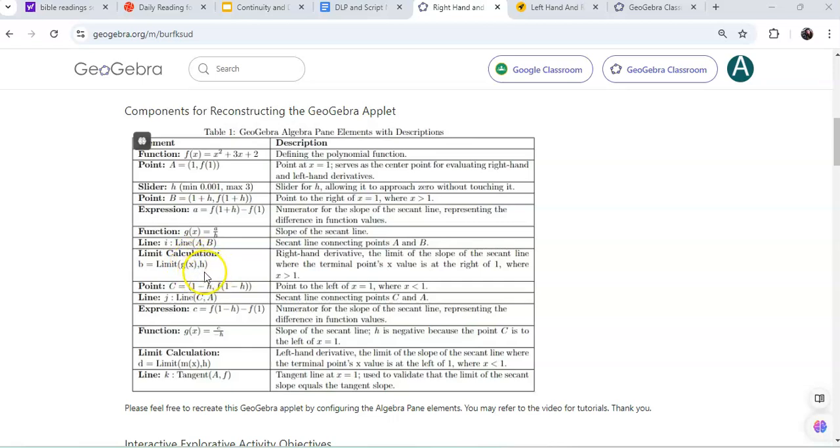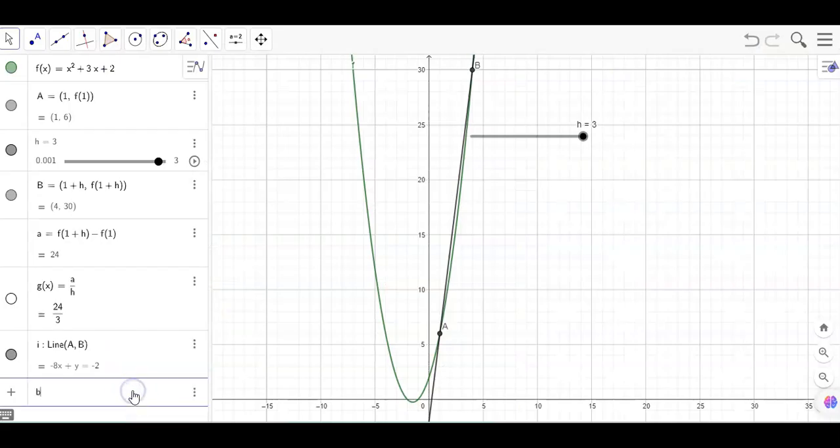Our approaching value is h. So this is the right-hand derivative, being the limit of the slope of the secant line, where the terminal point's x value is to the right of 1, greater than 1.